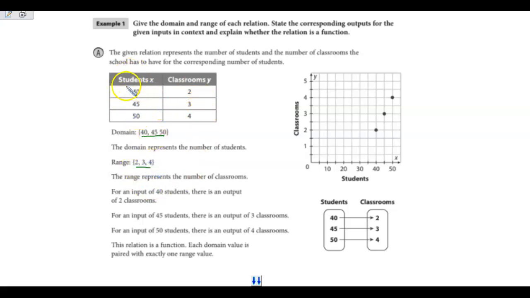So the domain is the number of students, the range is the number of classrooms. Because there is exactly one output for every input, this is a function. And each domain value is paired with exactly one range value in each case.